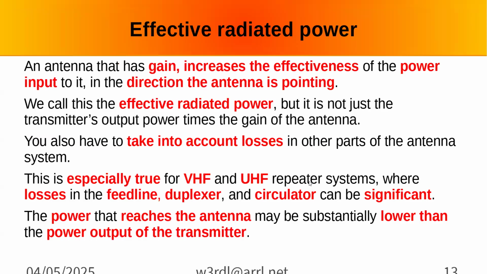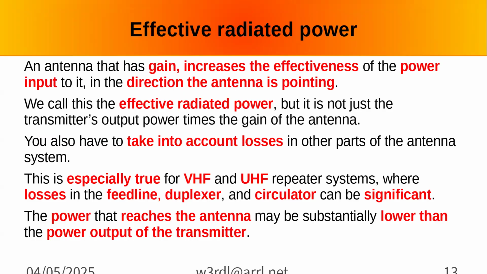Okay, ERP, or effective radiated power. Basically, we figure out the gain of the antenna minus the losses, because you're going to have loss in the feed line, and multiply that times the power in. So it gives you the effective radiated power.